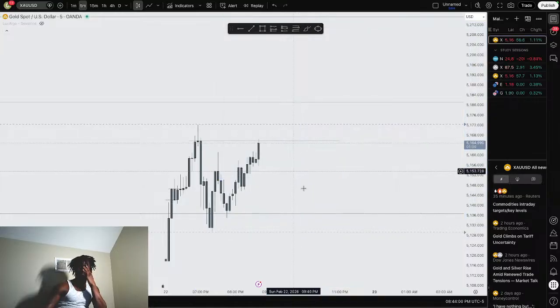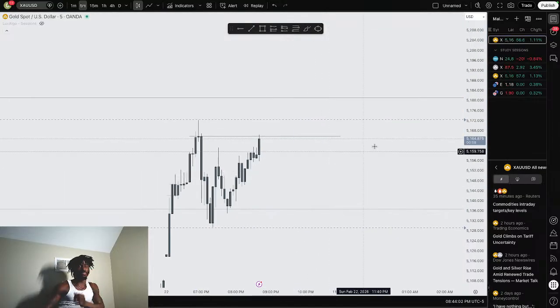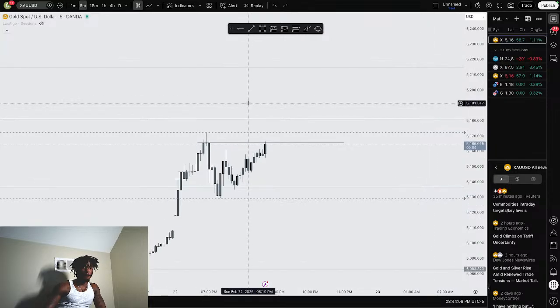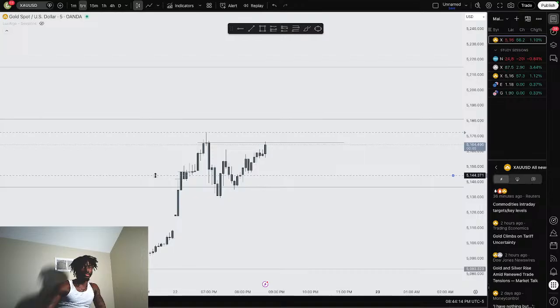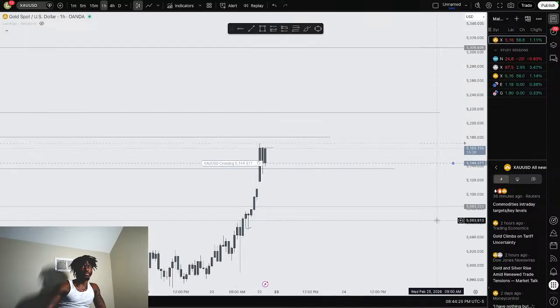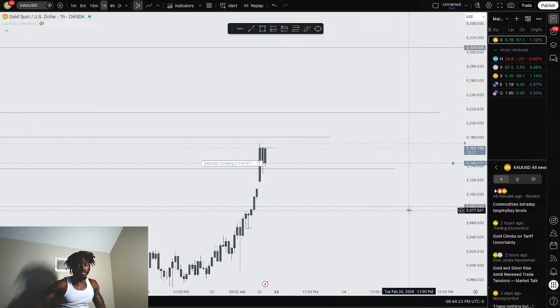I don't need this; it's just a visual representation. Yeah, and I can actually move this alert to right here. Keep this alert right here, and just let the market do its thing.